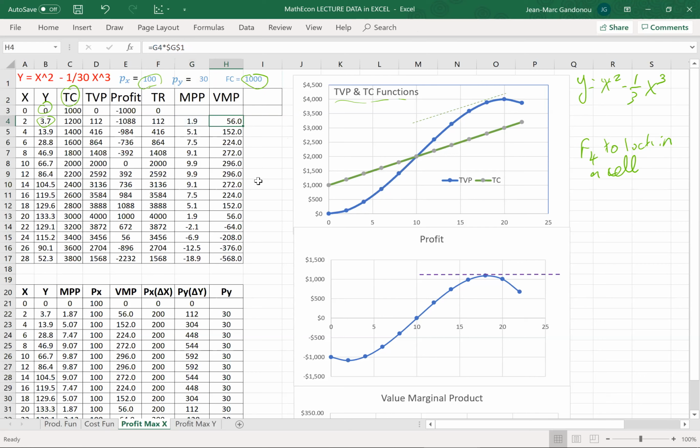So what we're trying to figure out here, right? What is the optimum input that will be used to maximize profit?